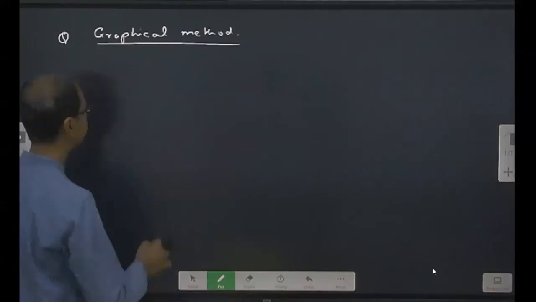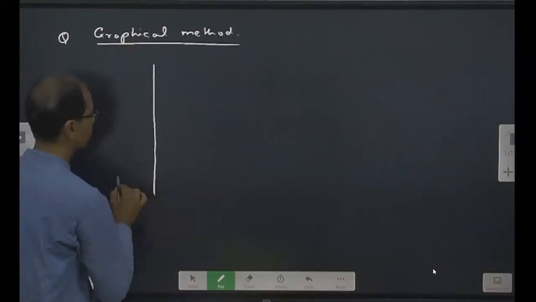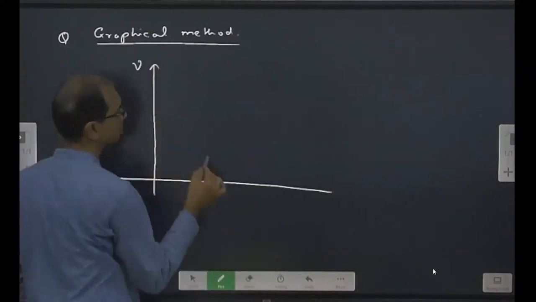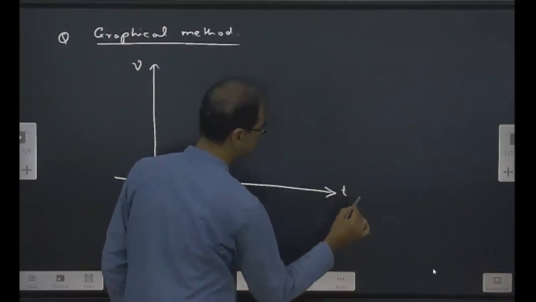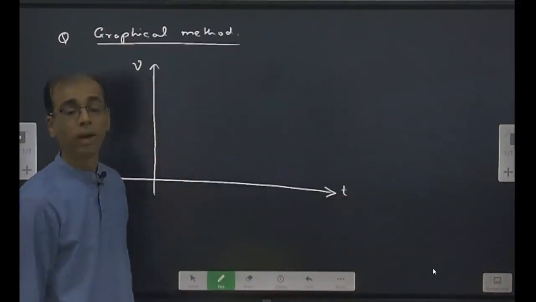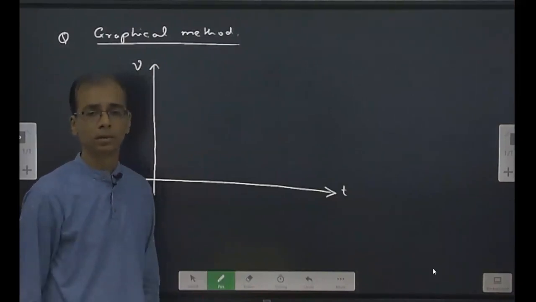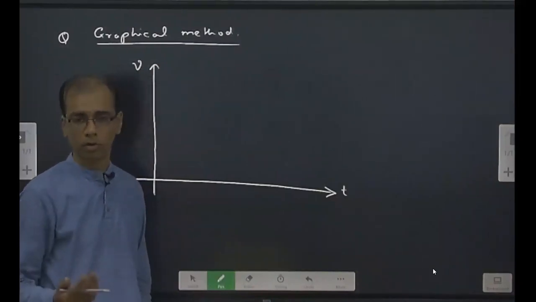I'm going to make a graph between velocity and time. Why velocity and time? Because its area gives me displacement, and I want to find displacement.